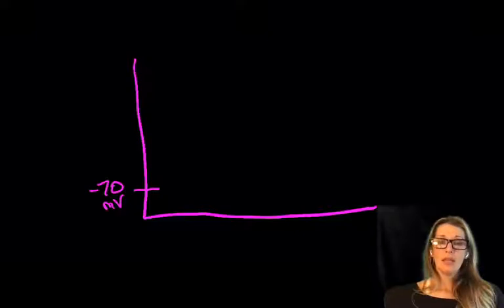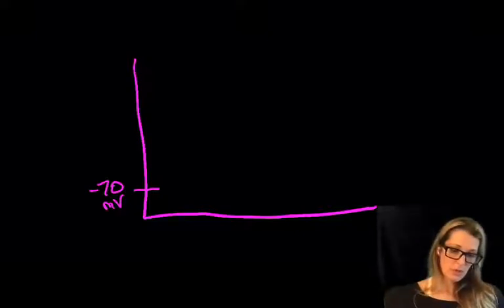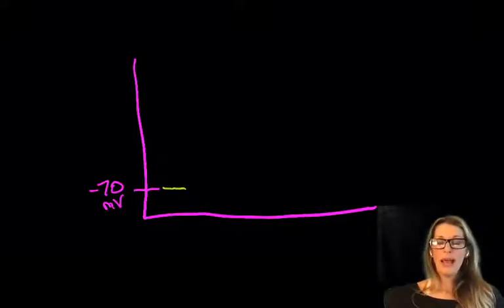Okay, so we're hanging out at negative 70 millivolts. And then what happens to change that? Something's going to happen to start changing the membrane potential.